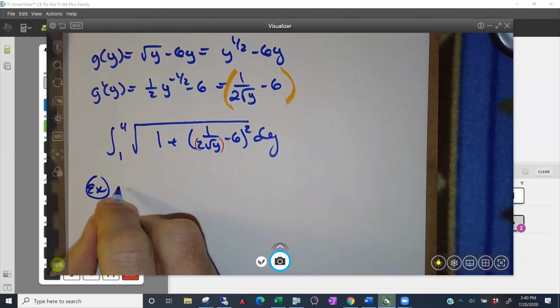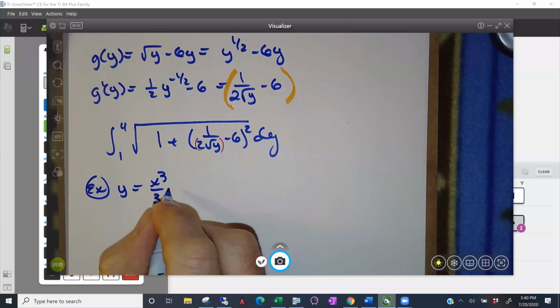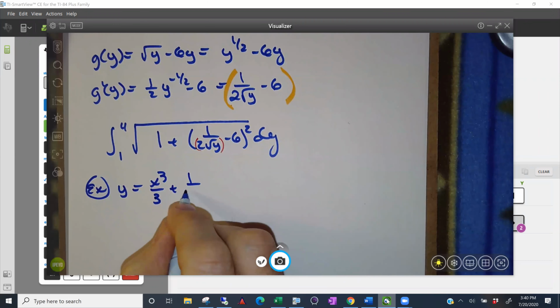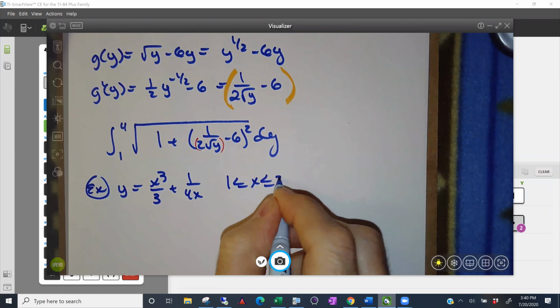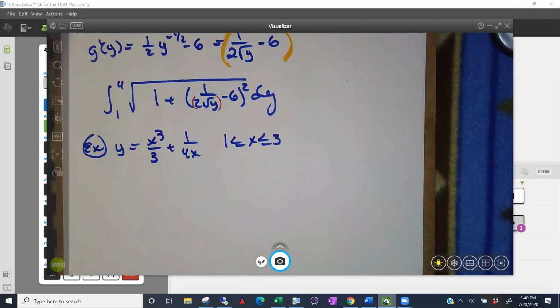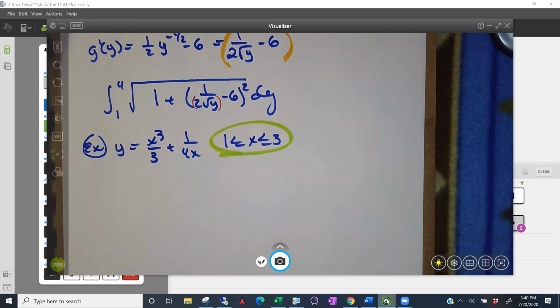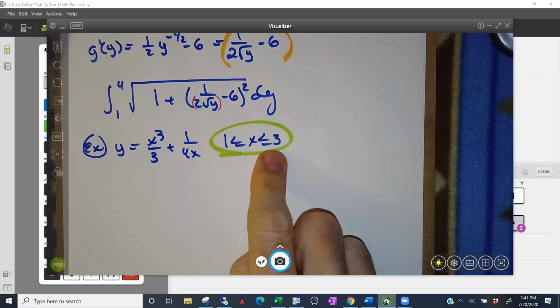This time we're going to let y equal x to the third over 3 plus 1 over 4x between 1 and 3. And I forget whose question it was, but it was an excellent one earlier. This much, again, is given to you. You want to find the length of this curve between 1 and 3.